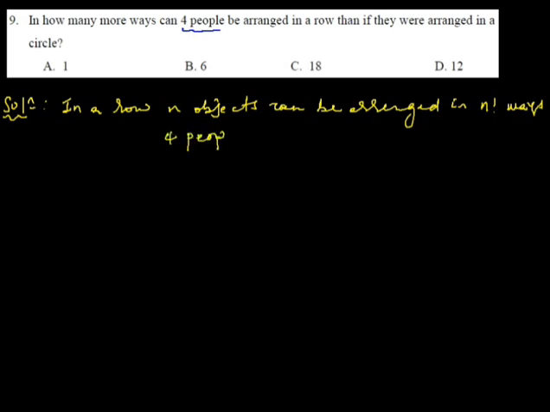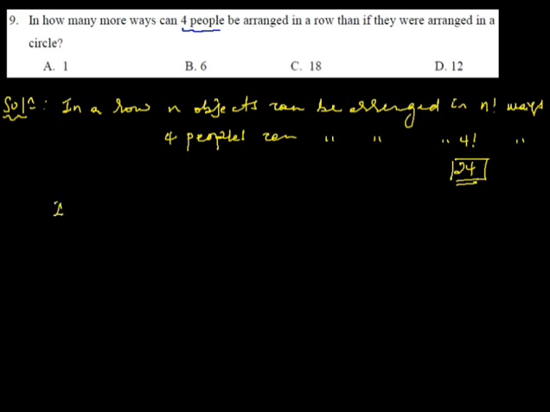can be arranged in 4 factorial ways. 4 factorial means 4 times 3 times 2 times 1, which is 24 ways. There are 24 ways of arranging people in a row.